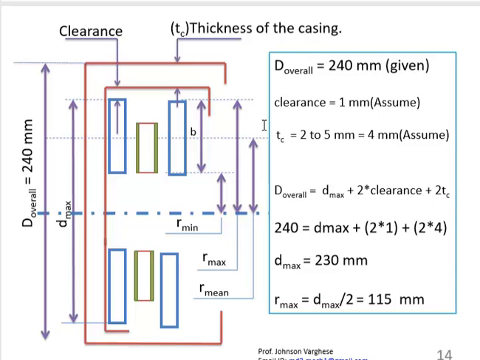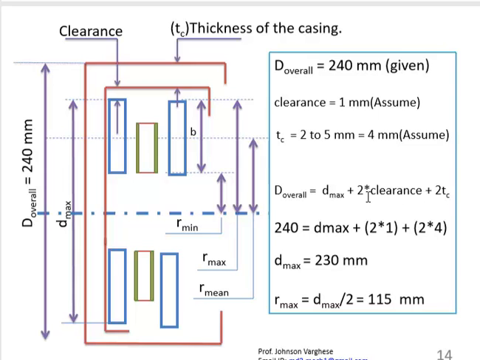We will use this following figure and try to find out what is D max. Clearance we can assume as 1 mm and TC lies somewhere between 2 to 5 mm, so we can select TC as 4 mm. From the figure we can see that D overall is equal to D max plus 2 times the clearance plus 2 times the casing thickness.